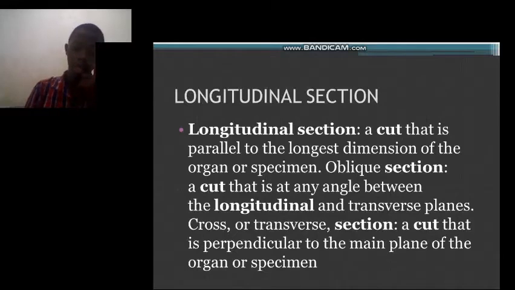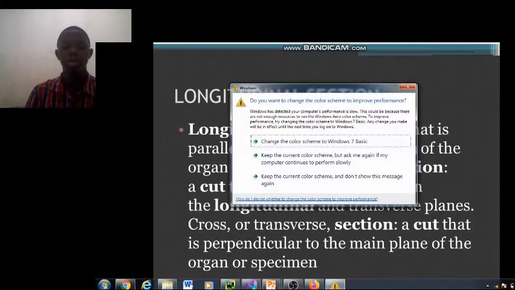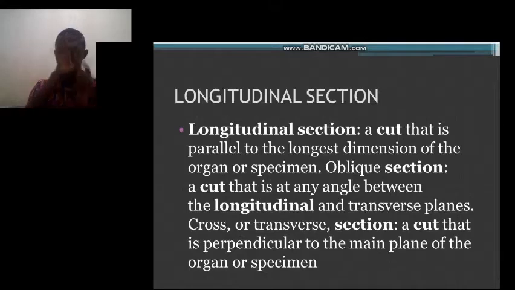Cross or transverse section, a chord that is perpendicular to the main plane of the organ or specimen. So here, longitudinal section is talking about this direction, vertically this way.